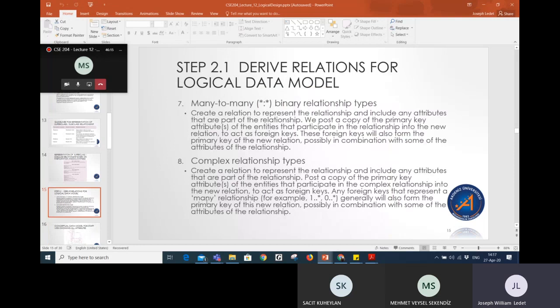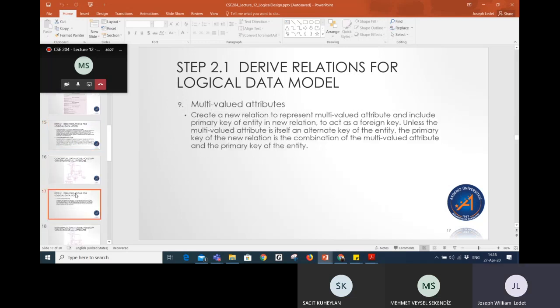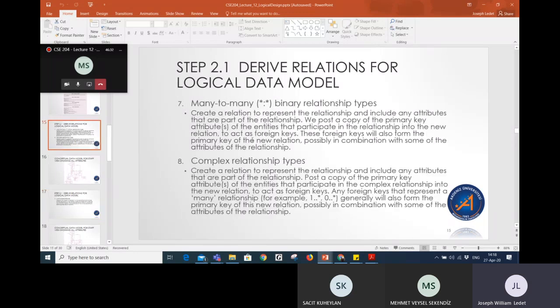All right, so let's talk about complex relationship types quickly. Okay, this is, let's see, I don't think that's what I'm thinking it is. I'm thinking of multi-valued attributes. So complex relationship types, those are the ones where you have 3 or 4 entities involved in a relationship.